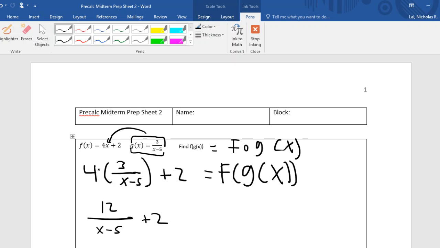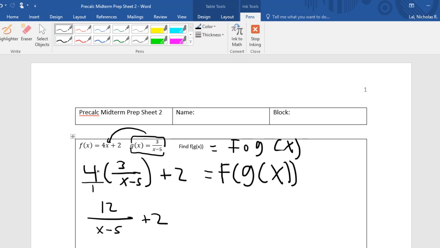When you distribute, it's only to the numerator, because 4 as a fraction is 4 over 1. So 4 over 1 times 3 over x minus 5.